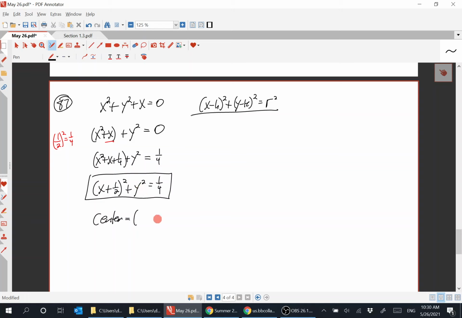Well, the y coordinate of the center is 0. The x coordinate of the center, so rather than being x minus 1/2, the x coordinate is not going to be 1/2, but -1/2. If it's a plus, you need to negate that number. If it's a negative, then it's just that number by itself. So -1/2, 0, and the radius is the square root of 1/4, which is 1/2.